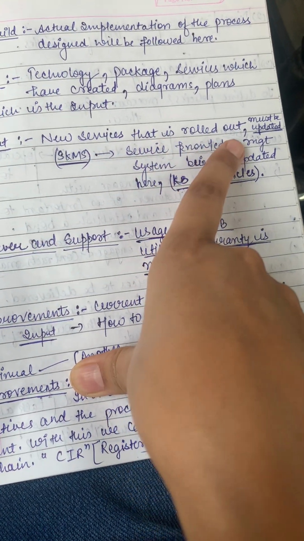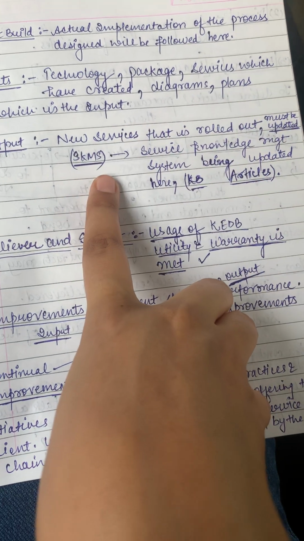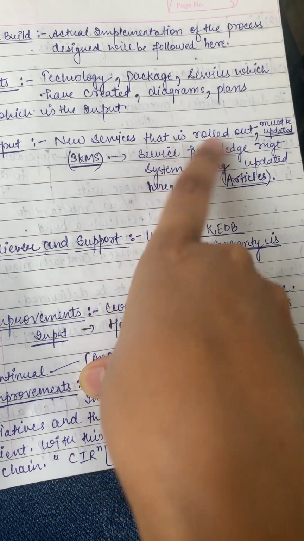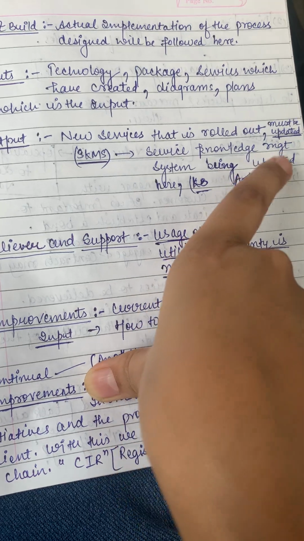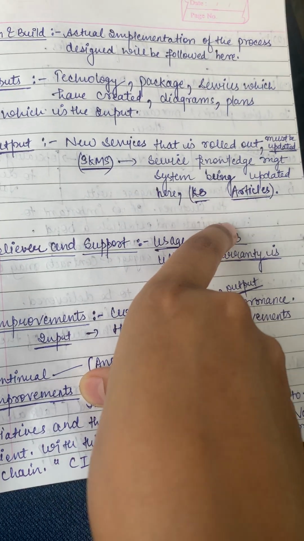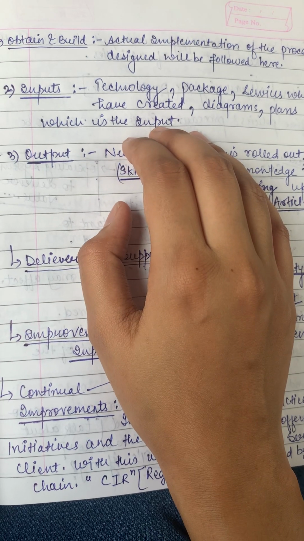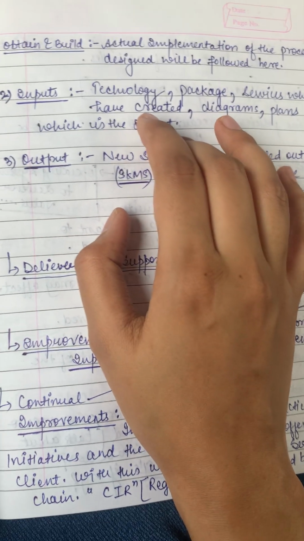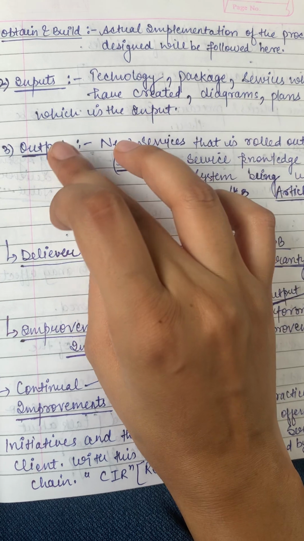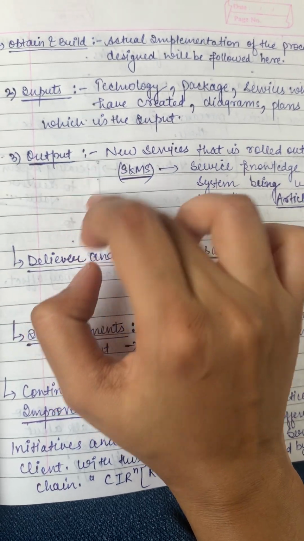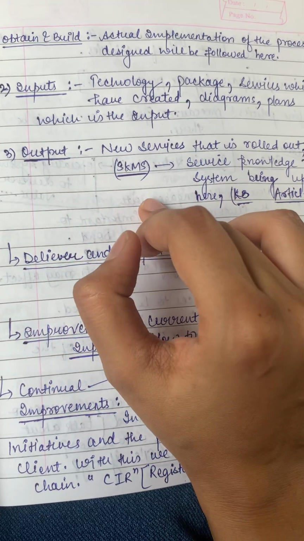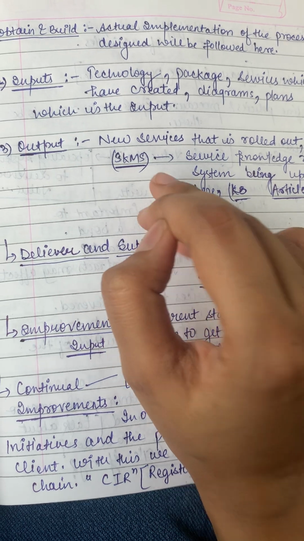New services that are rolled out must be updated in SKMS. SKMS is nothing but the service knowledge management system, being updated here with KB articles. So let me explain. Whatever inputs you are putting in, you are transitioning with the new services, and that needs to be added in your database. There is always a database in the organization to be maintained for the resources, for the recurring events.